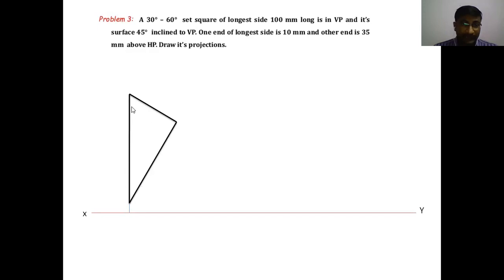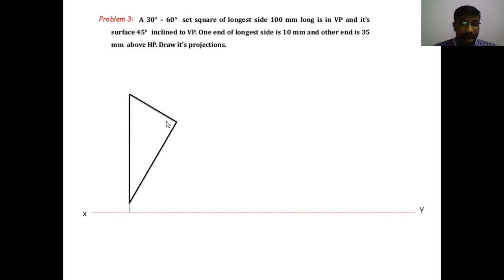Draw a line which makes an angle of 60 degrees with the longer side, and draw another line which makes an angle of 30 degrees with the longer side. Automatically, these two lines intersect somewhere. That intersection point is the third corner of the set square. Clear? First, draw the longer side, 100 mm long, perpendicular to XY, and draw the 60 degrees line at one end of the longer side, and the 30 degrees line at the other end. These intersect with each other at some third point.